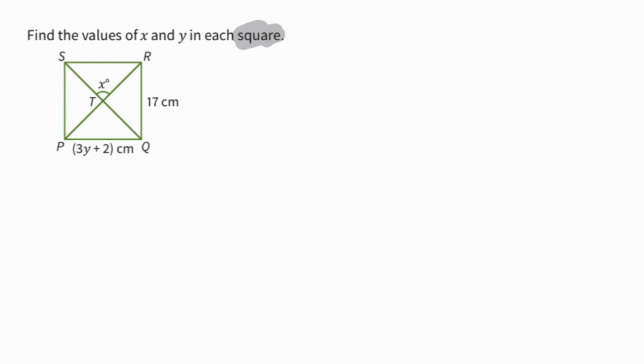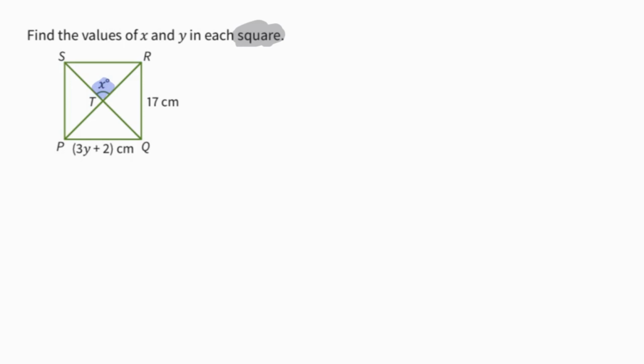And this is really important. This is one very special property. When we look at the x, do you notice that x is actually the angle at the diagonal? And for a square, there is a very special property.